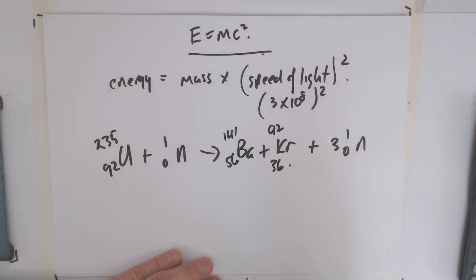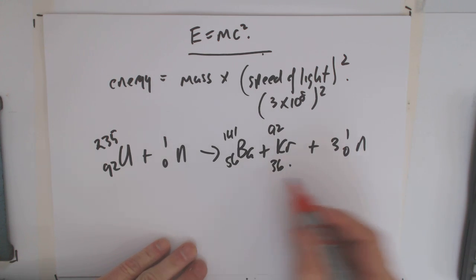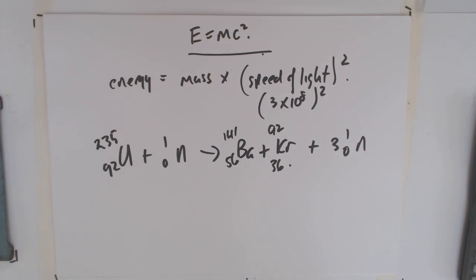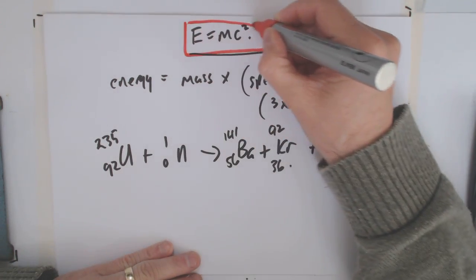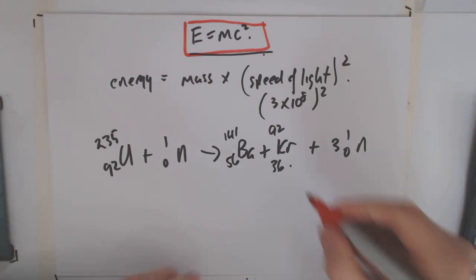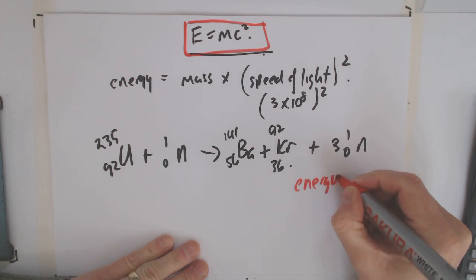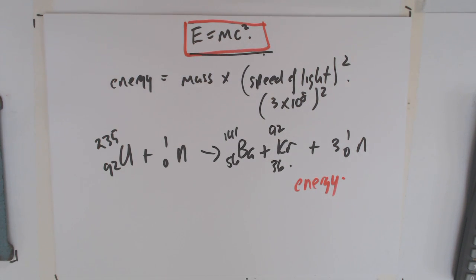The point is, if I said when I did this reaction that we had huge energy, we don't see the energy here, do we? But there's a really important rule in physics called conservation of energy. So if there's energy over here being released that wasn't over here, where did it come from?